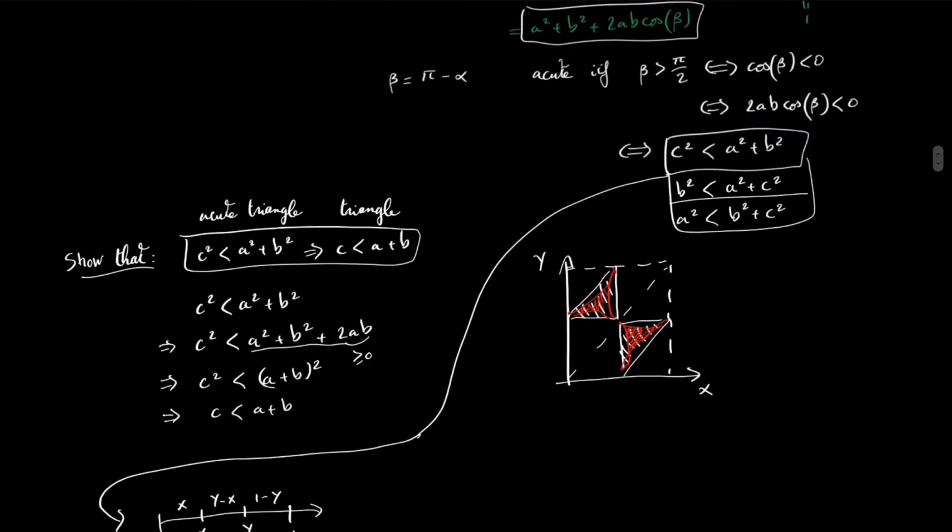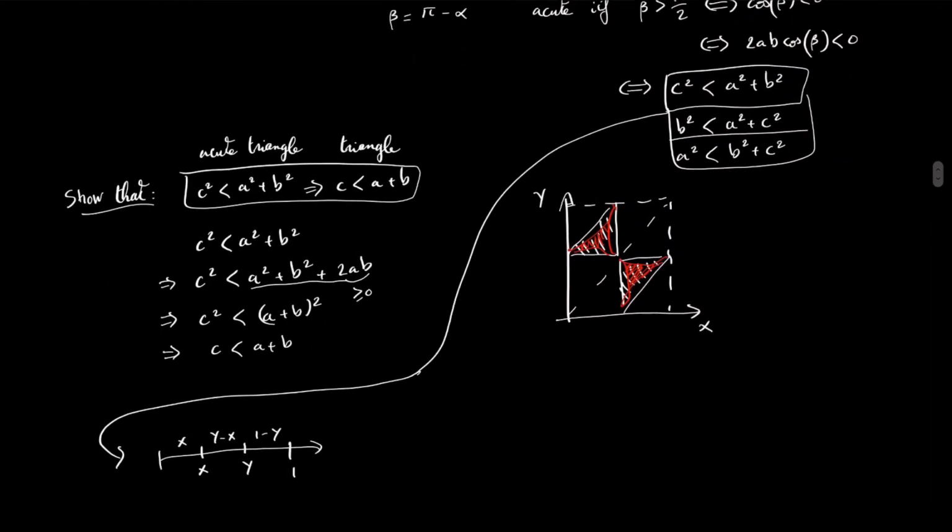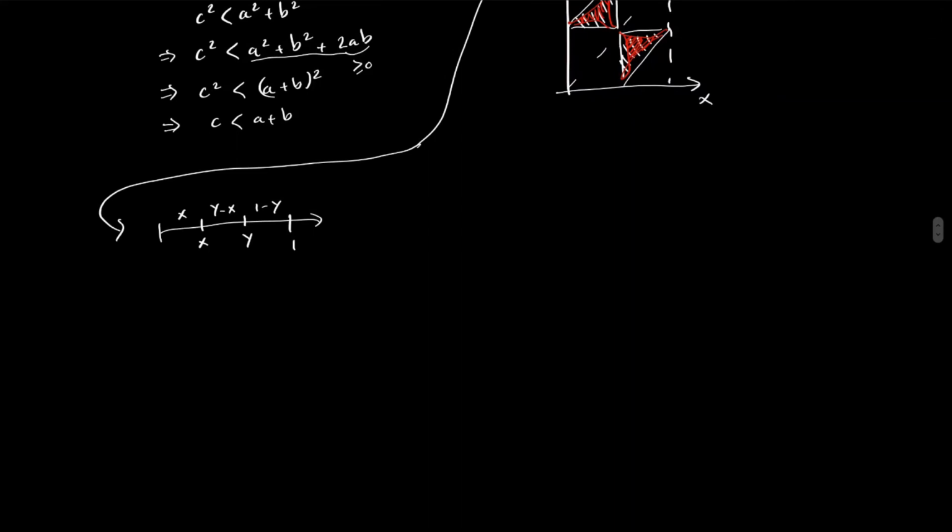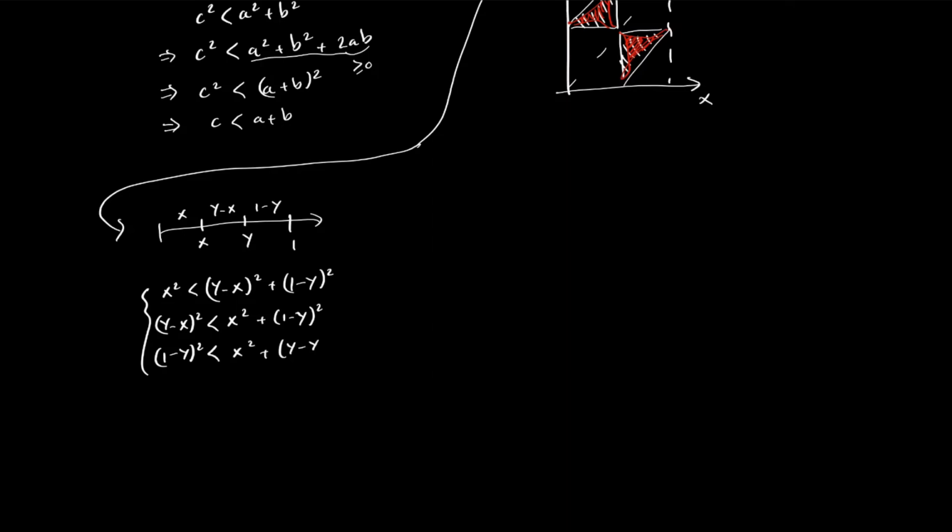So if we apply these three inequalities to x, y minus x, and 1 minus y, we obtain the three inequalities for y and x, which are: x square is strictly lower than (y minus x) square plus (1 minus y) square. (y minus x) square is strictly lower than x square plus (1 minus y) square. And finally, (1 minus y) square is strictly lower than x square plus (y minus x) square.